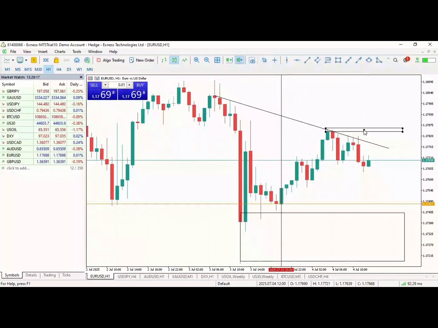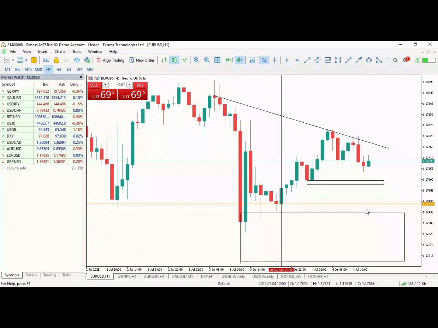So what you will do is place your buy stop here above it. If this price comes and breaks through, it will trigger the buy. If it breaks through here, it will trigger the buy. The same with a sell stop. You put it below a level, okay, a level, a zone, or anything.